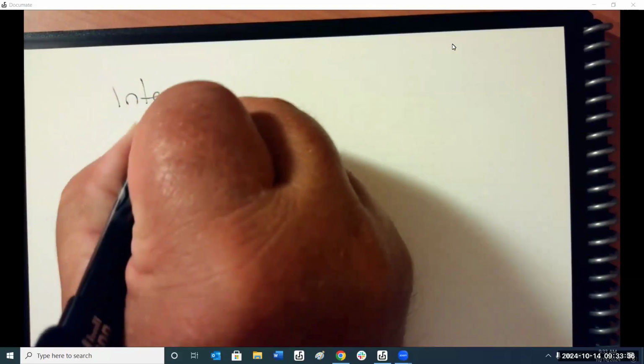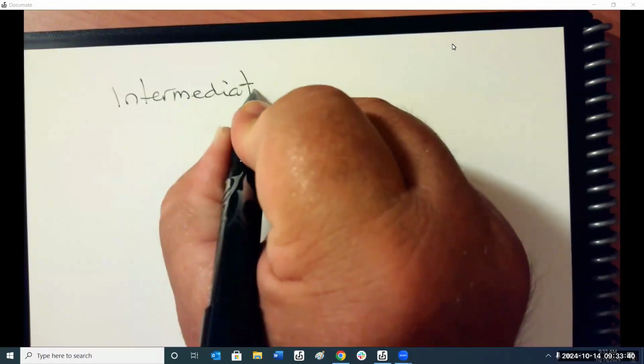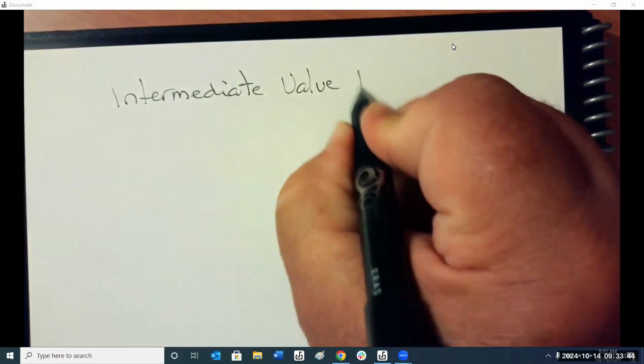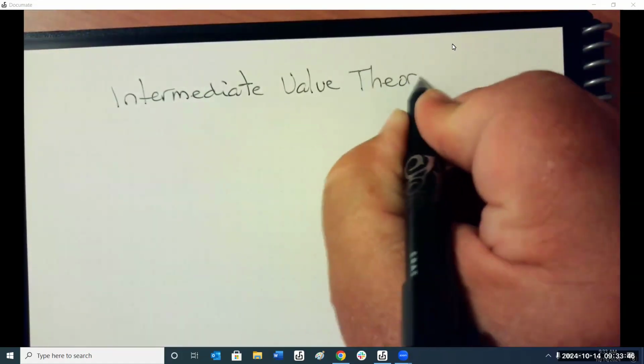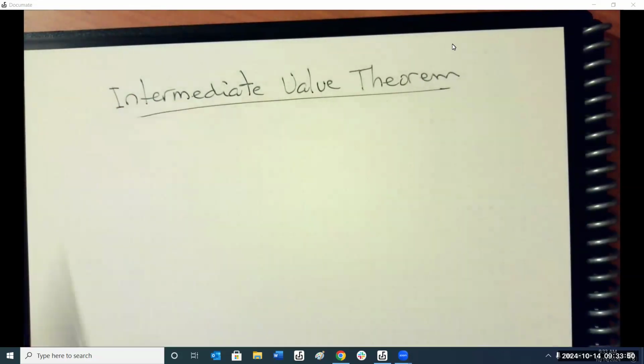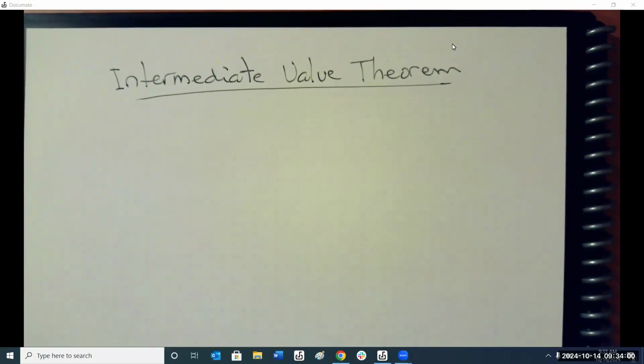All right, the last thing in this section is called the intermediate value theorem. This is a very important theorem. We also discuss it in calculus. What it tells us is this.